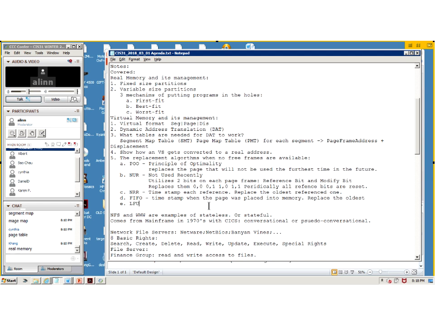Least frequently used. There's a use count. Oh, this one's called least recently used. That's LRU, least recently used. Sorry, I didn't have the terminology right. Least recently is a timestamp. Least frequently is a use count. And you replace the page with the least number of references.